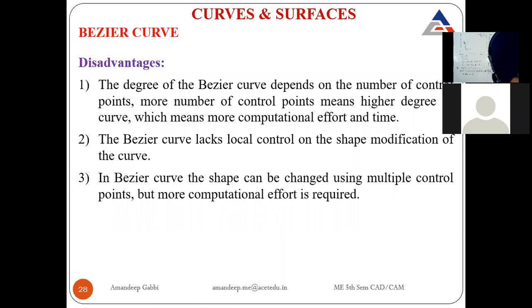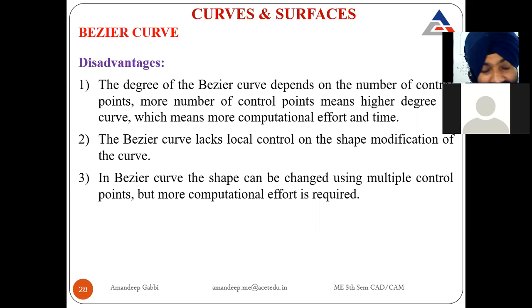So some of the disadvantages of Bezier curve. The degree of the Bezier curve depends on the number of control points, right? It is one more than the control points. More control points means a higher degree of curve, which means more computational effort and time.